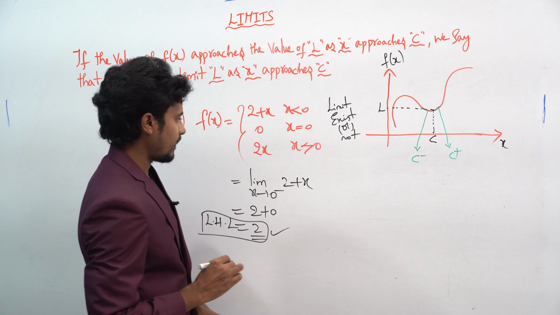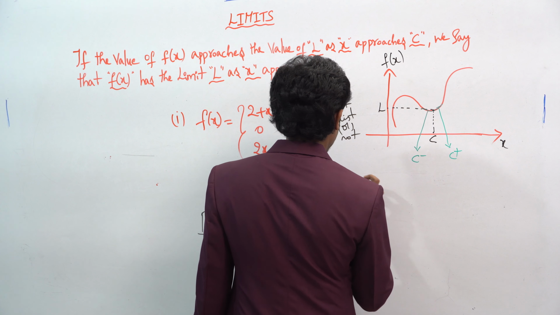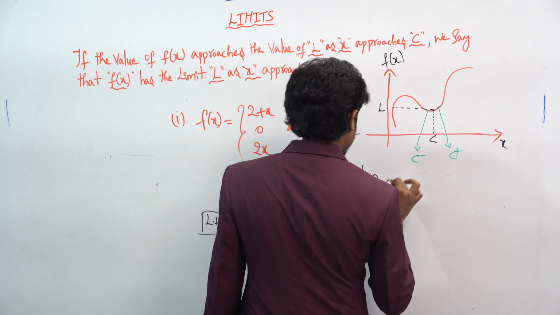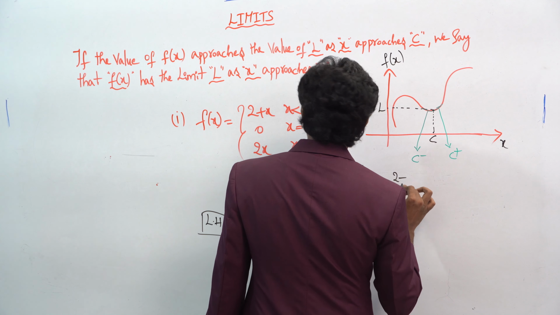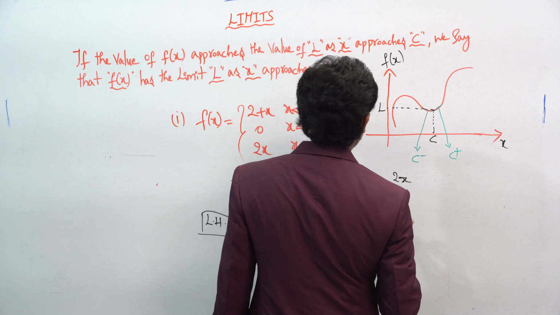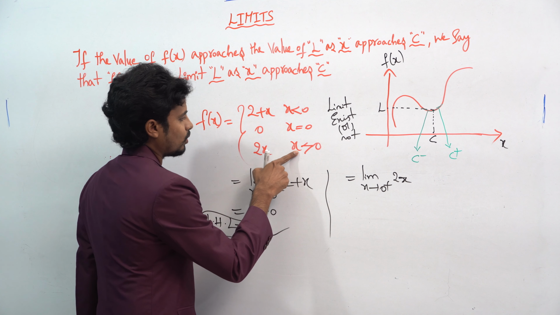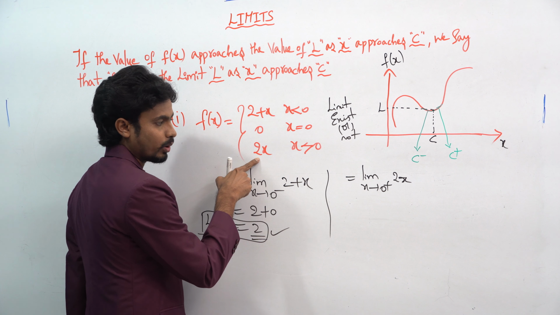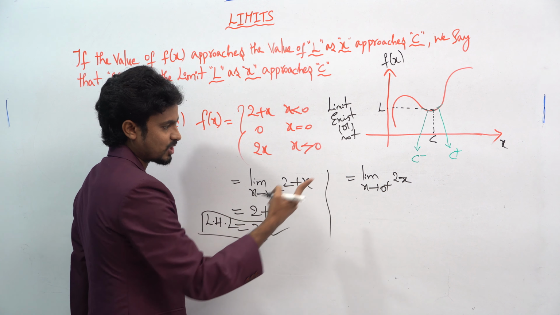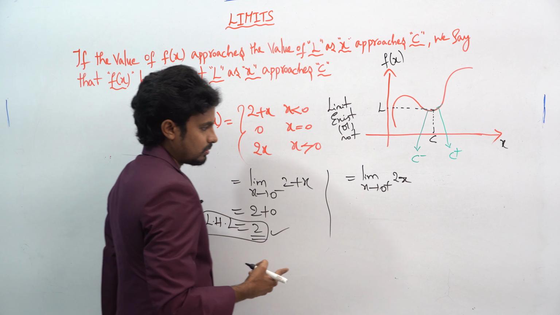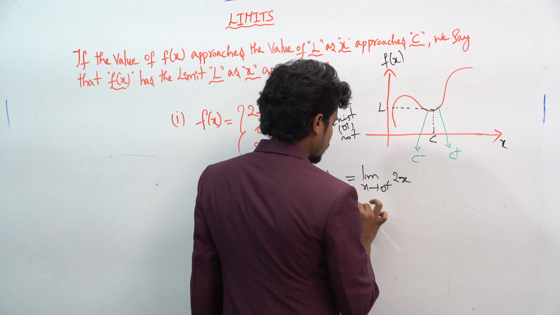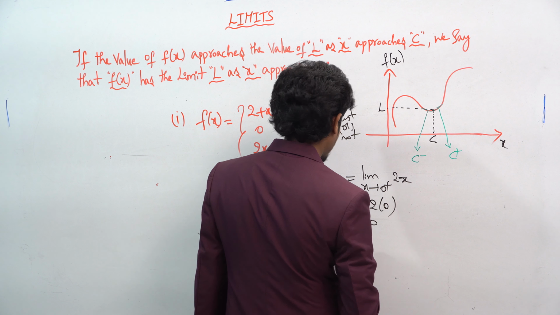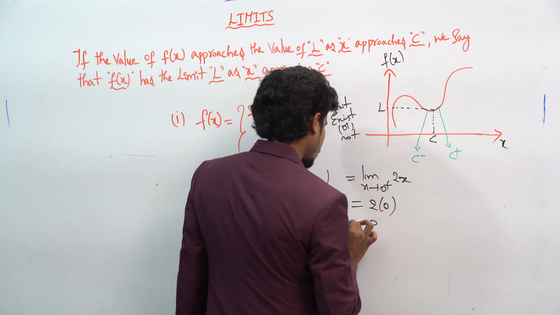For example, if you take the limit as x tends to 0 plus, x greater than 0, that is the right hand limit, and it will be 2x. So replace x with 0. You will get 2 into 0, that is 0. So this will be the right hand limit.